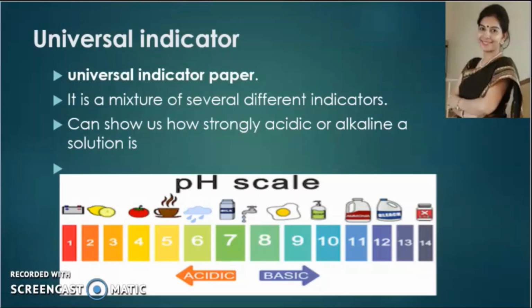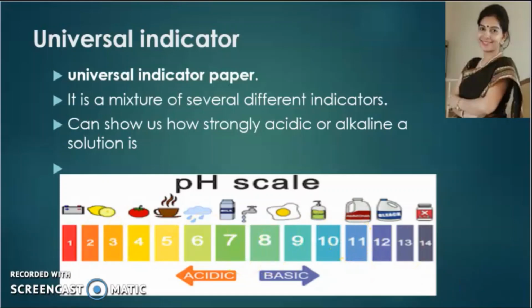In the case of litmus, we can just find out whether a substance is acidic or basic, but using a universal indicator, we can find out how strong or how weak the acid is by the change in color. So this is measured using the pH scale.